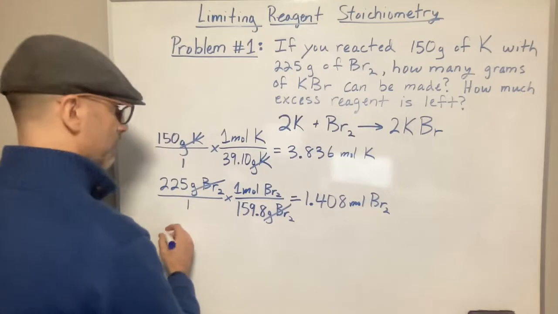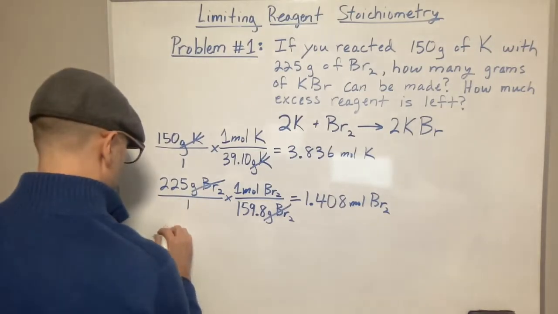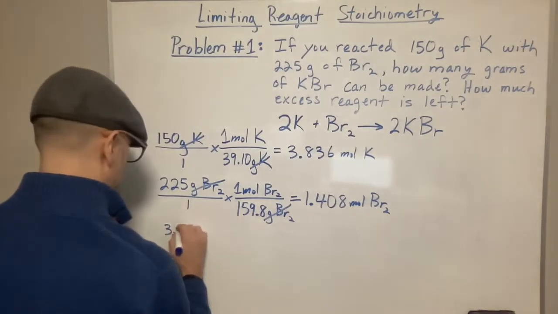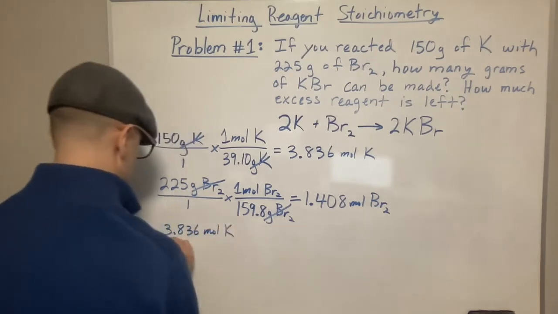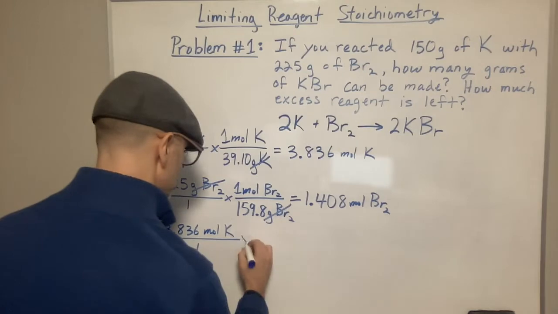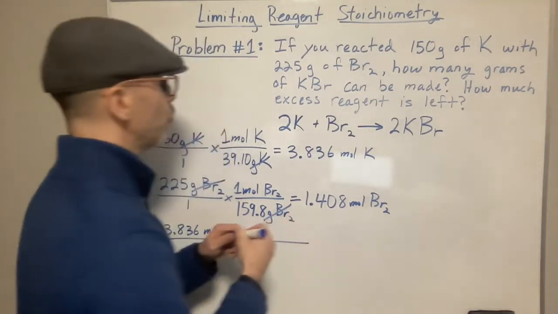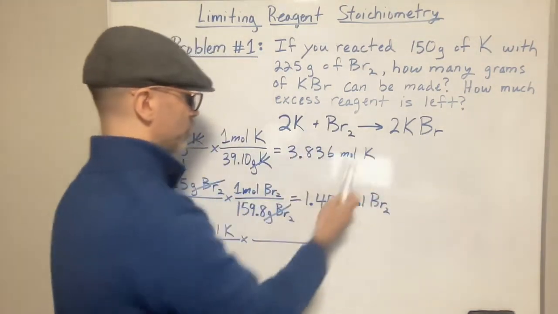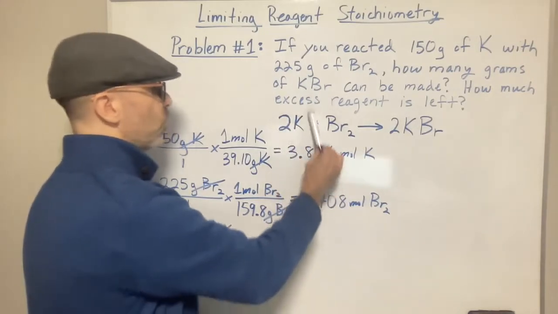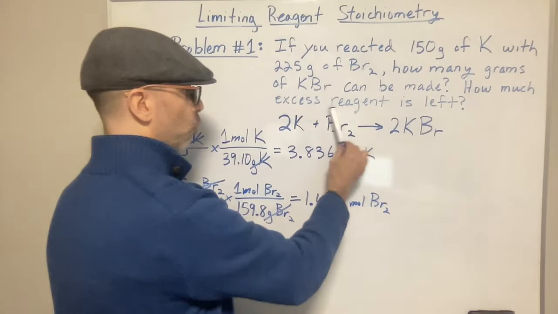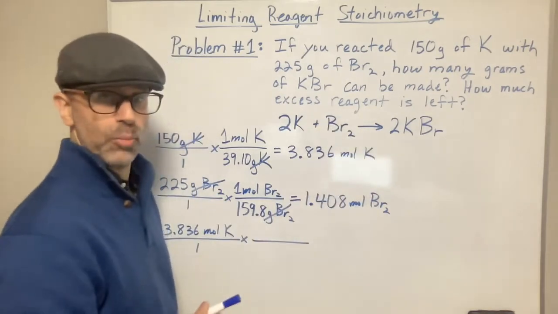So my next step is to take 3.836 moles of the potassium, and I'm going to use the mole ratio in my balanced equation. So I know that for 2 moles of potassium, I need 1 mole of bromine.